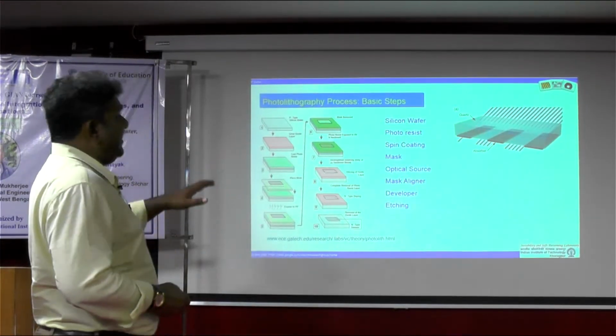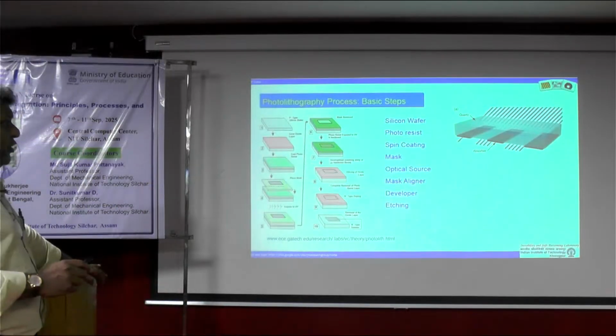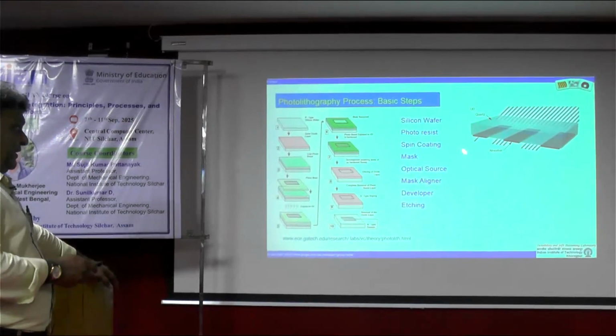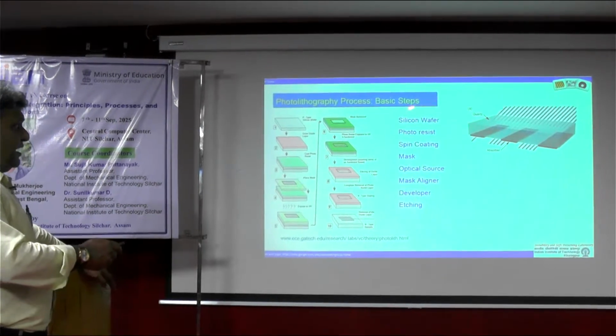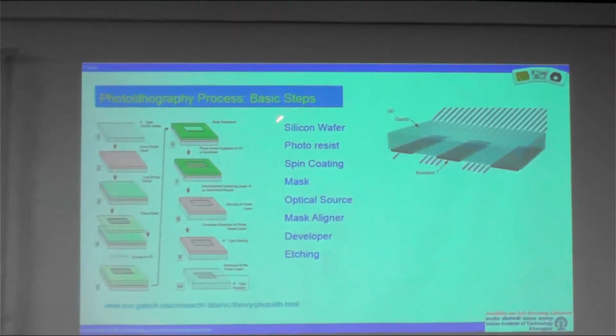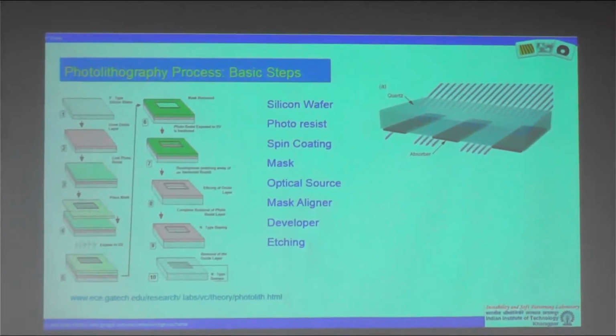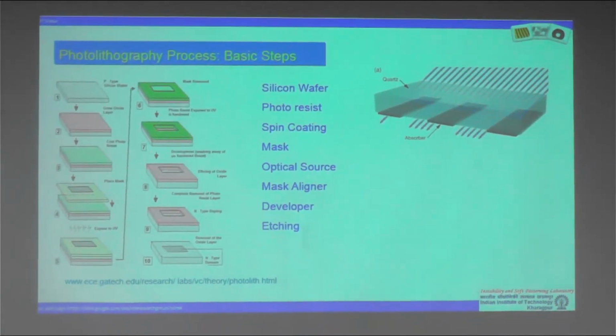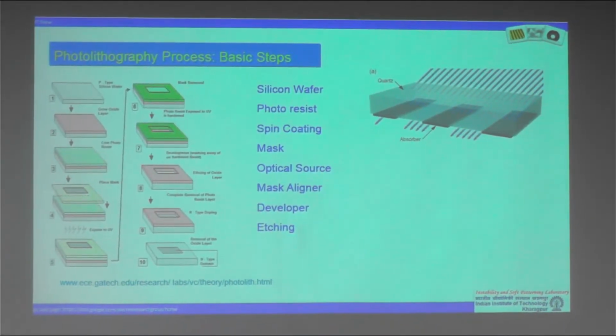And it is a very well established technique, and I am not going into the details of the technique. But if you look into this particular slide, here are the key elements of the process. If you look into these things carefully, you will get a lot of idea about the process in a very simplistic manner.